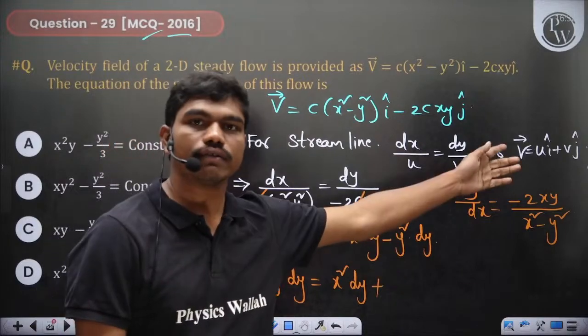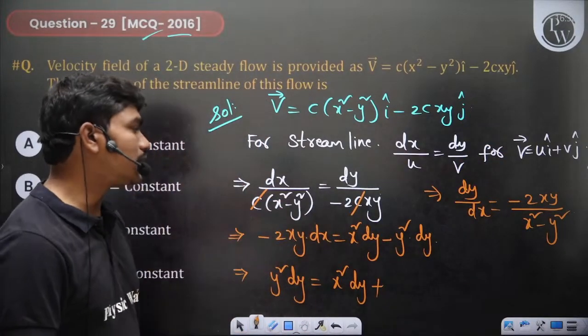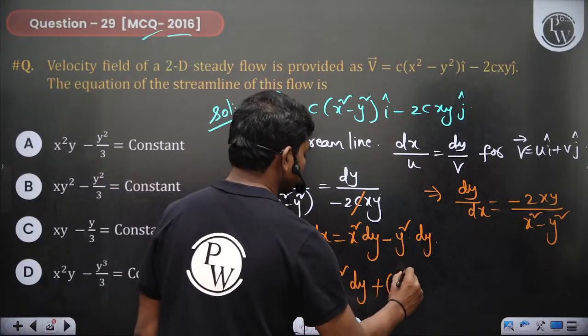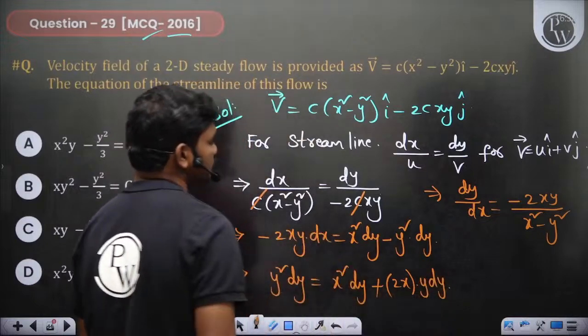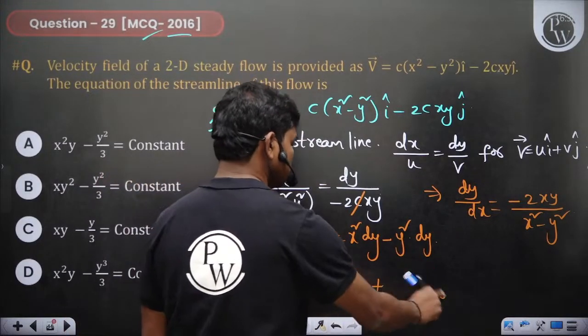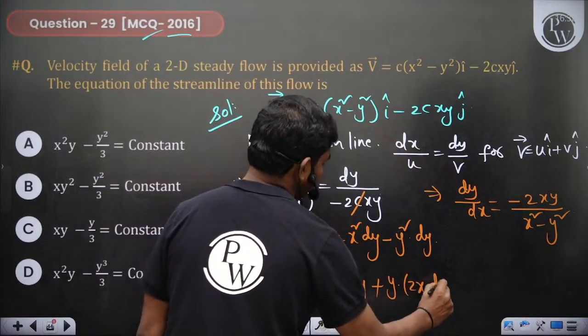Yes, so you take y equal to vx, that's the classical procedure. But since the terms appear slightly catchy here, if you bring it here you'll get 2x into y dy, correct? This is dx, or y into 2x dx.